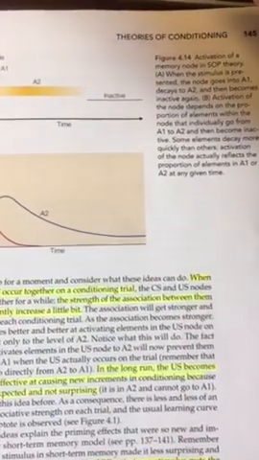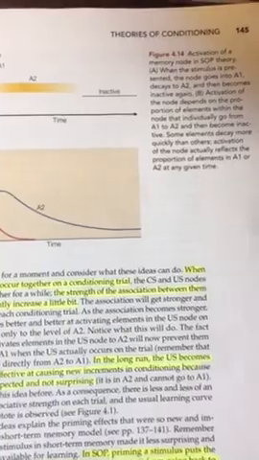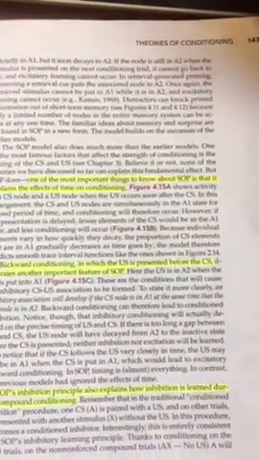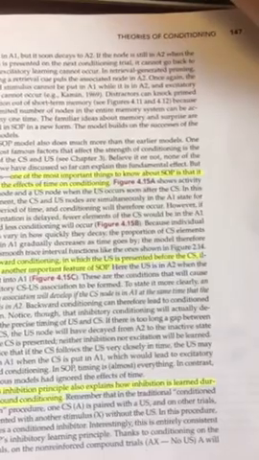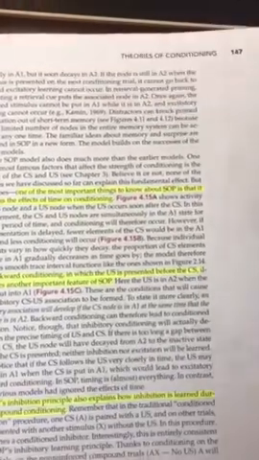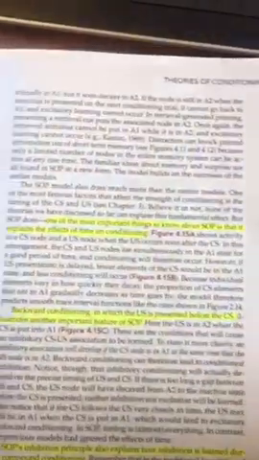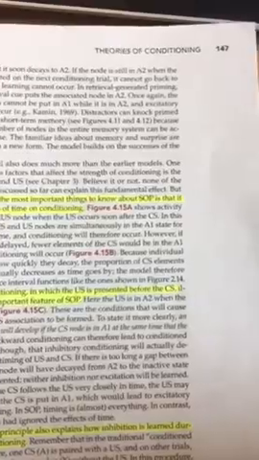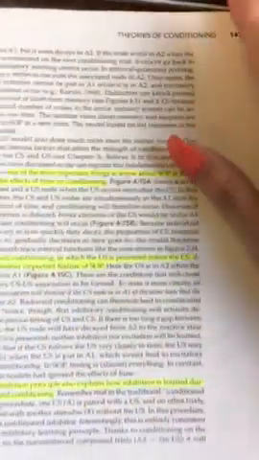In SOP, priming a stimulus puts the corresponding memory node in A2, which prevents it from going back to A1. The most important factors to take from SOP are that it explains the effects of time on conditioning and backward conditioning, in which a US is presented before the CS. The SOP inhibition principle explains how inhibition is learned during compound conditioning.